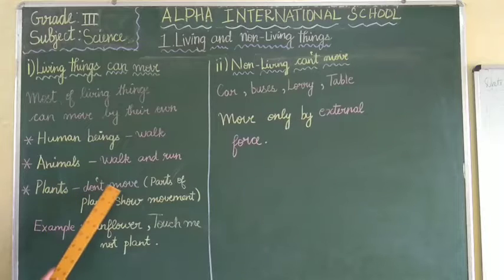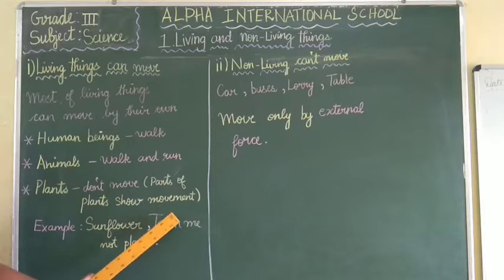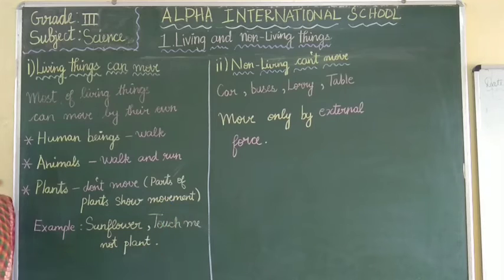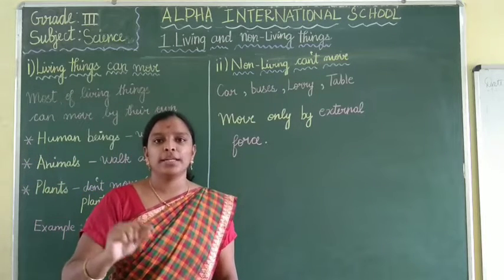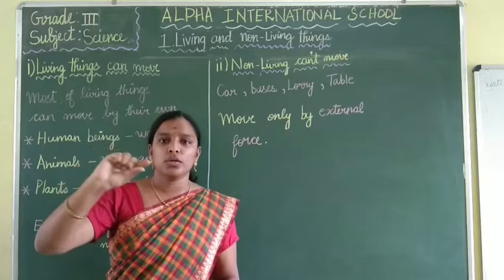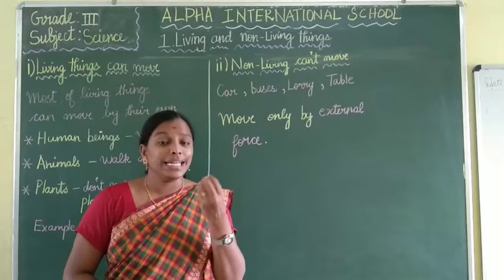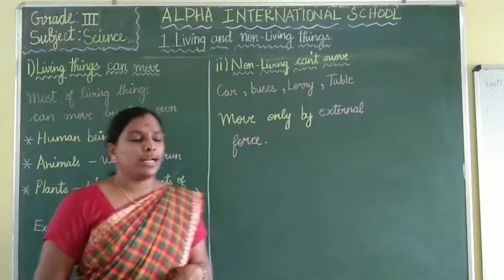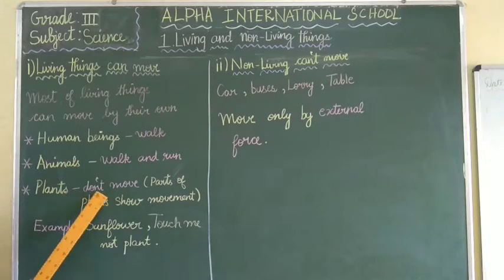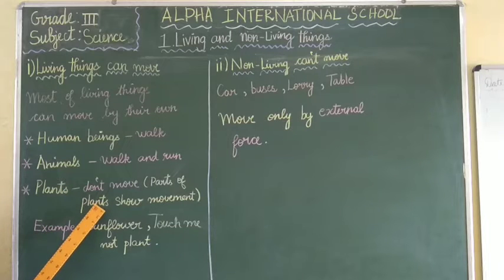Plants don't move; only the parts of the plants show movement. If you plant one tree, that plant will be growing to some amount. They will be growing a little bit, so we can say it is showing its own movement. So that is known as a living thing. So the plant is also a living thing. It can also show movement.